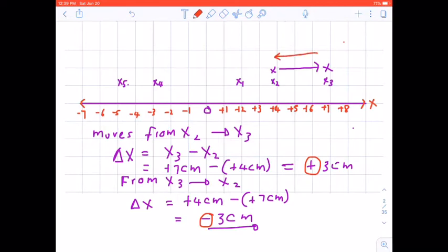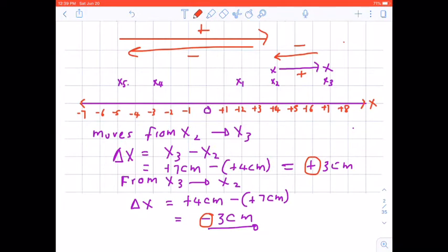Now, what we can do here is we say when it's moving from x2 to x3, that is the positive direction, and when it's moving from x3 to x2, that would be the negative direction. So positive direction could be going to the right, and negative direction could be going to the left. Okay, and that is how we would specify the displacement.